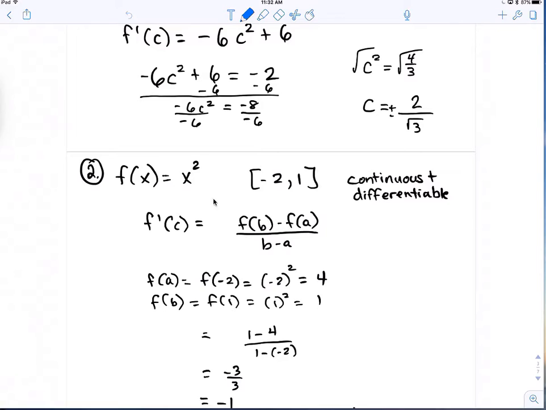Our next step is we're going to evaluate the first derivative to start. Then we're going to evaluate the first derivative at c, and then take our answer for that and set it equal to -1 to find the value for c that satisfies the mean value theorem.